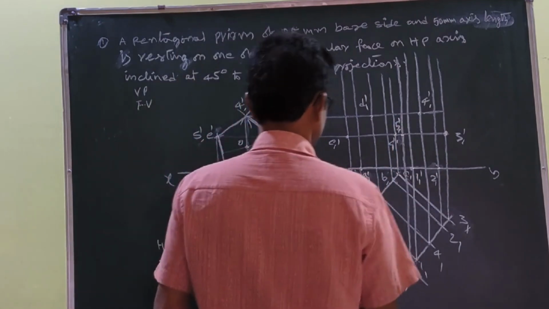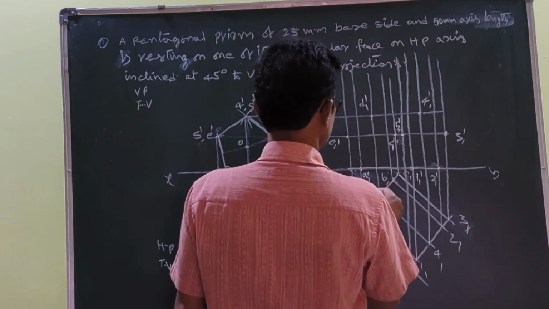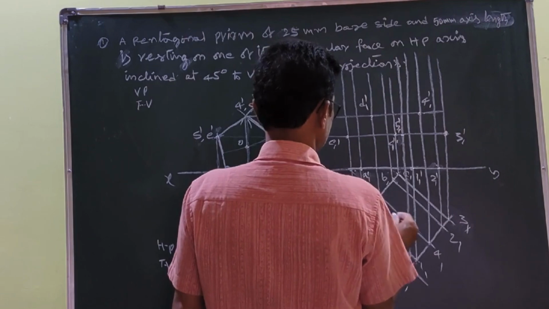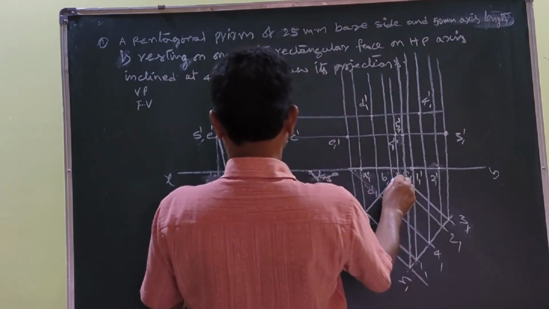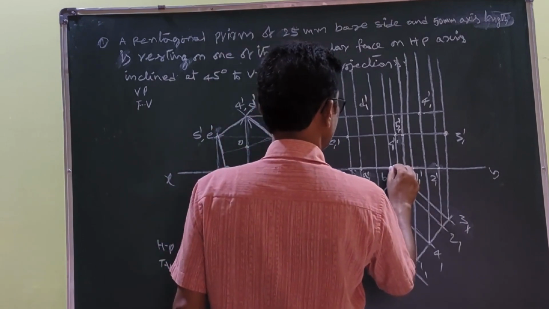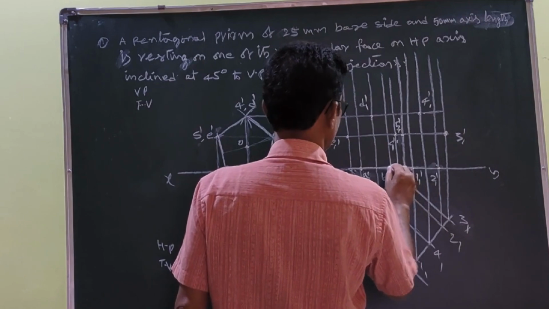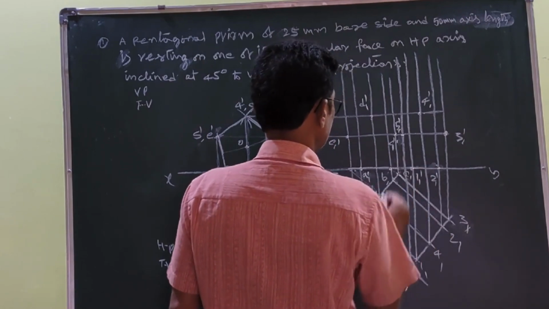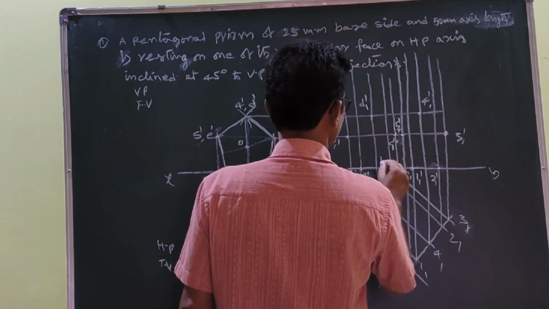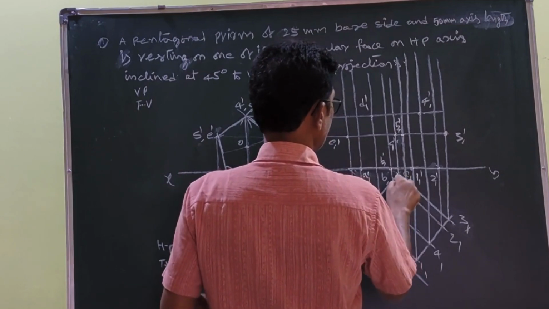Then you can join. B. Where is B? This is the B. Okay, sorry. This B1 is not identified here. B1 is the B1 dash. This is the C1.